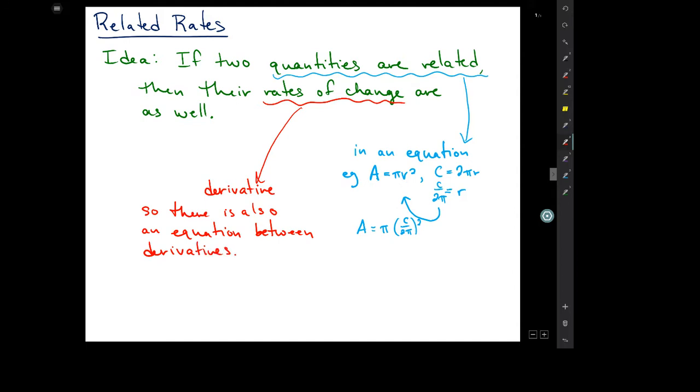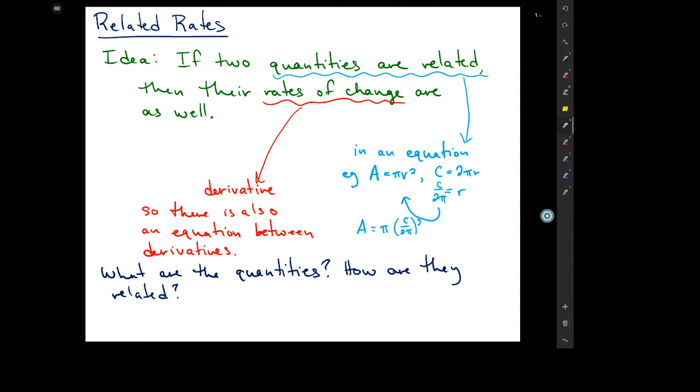And the point of a related rates problem when you're given one is to determine what the quantities are, so what are the quantities, how are they related, and then how can I use information that's given in the problem in order to find some other piece of information.